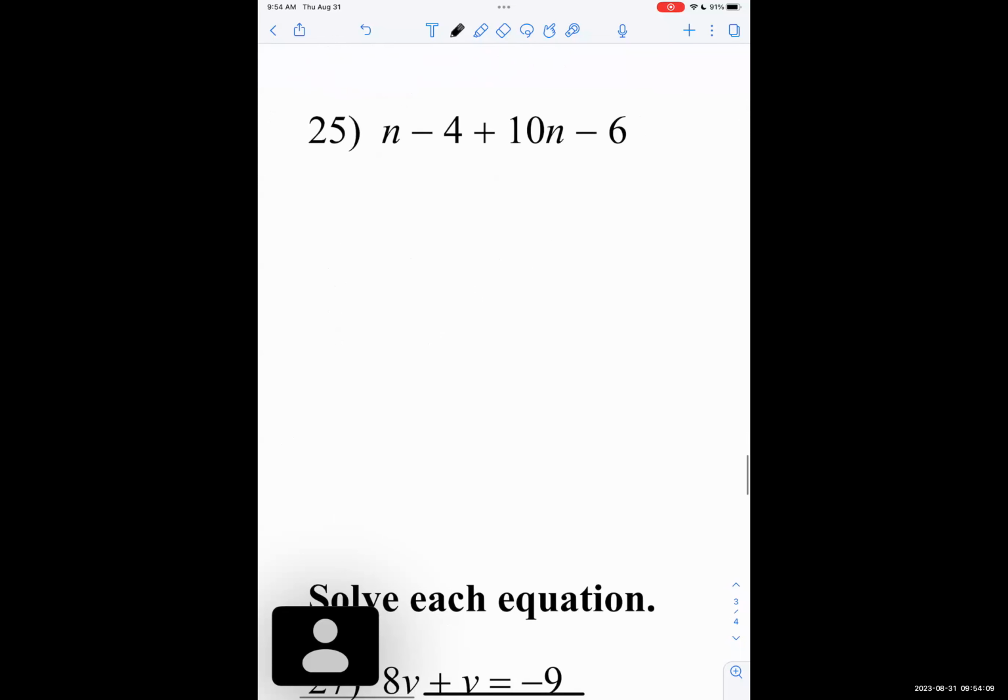How about this one? It's an expression. So what do we do? We combine like terms, starting with your variables. Very good, thank you.